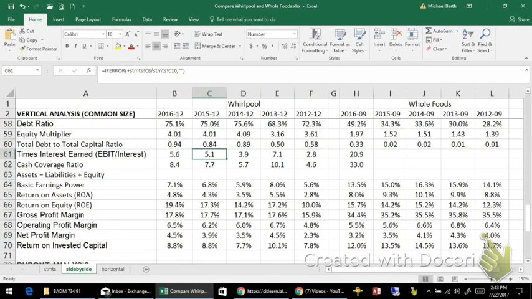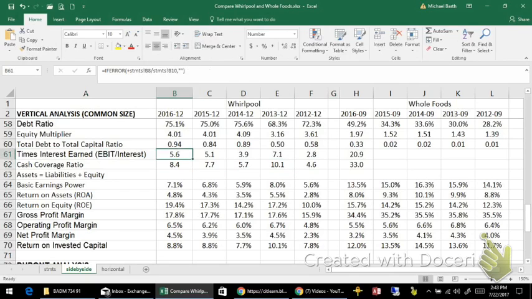And you can see both firms are comfortably higher. Whirlpool has about $5.60 of operating income for every dollar of interest expense. Even though Whole Foods added $1 billion of debt, they still have over 20 times EBIT. They have $20 of operating income for every dollar of interest expense.